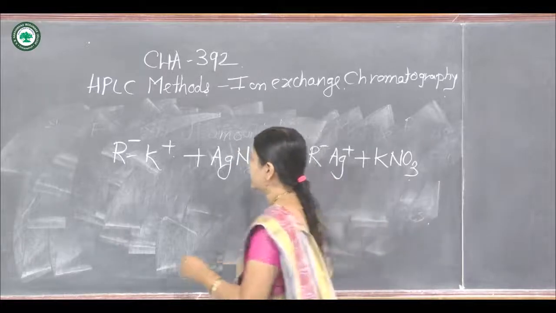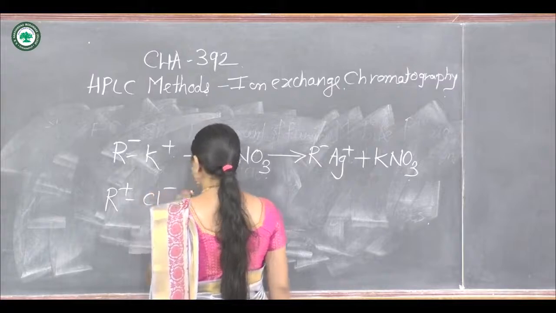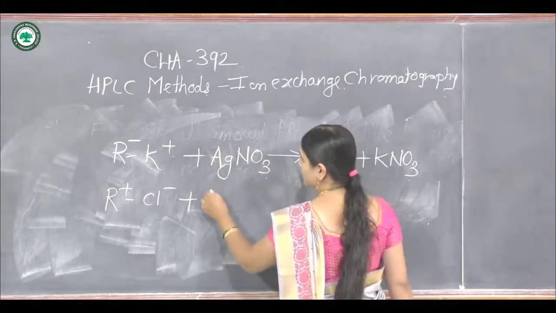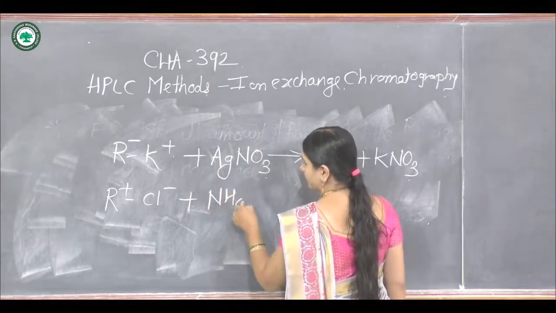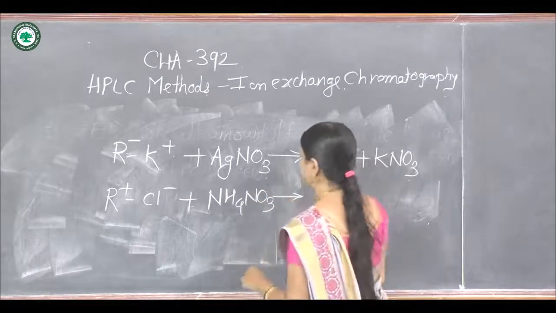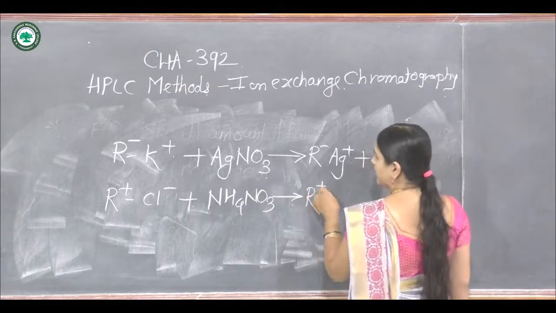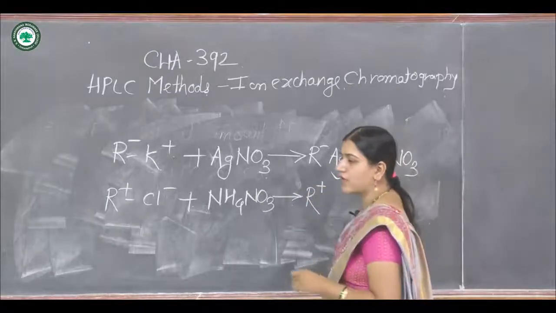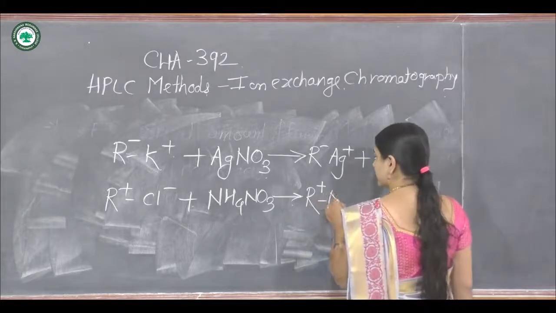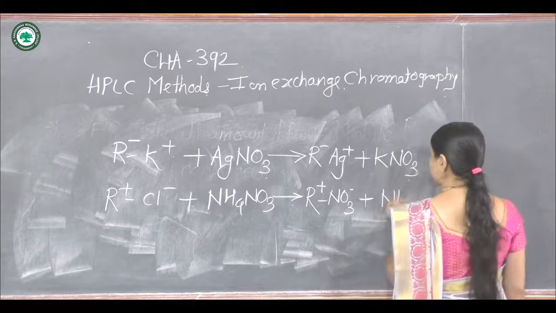Now apart from this, the next is R plus Cl minus plus NH4NO3. Along with that, it will form R plus NO3 minus plus NH4Cl.